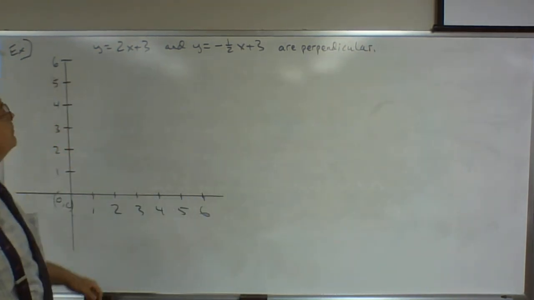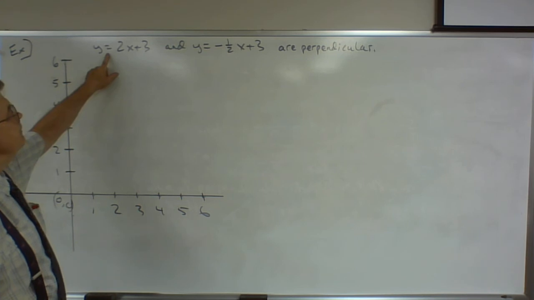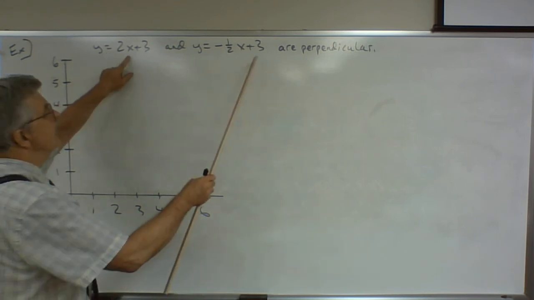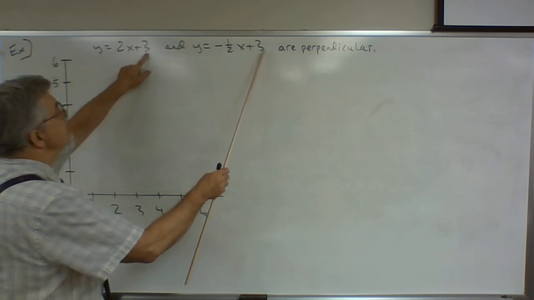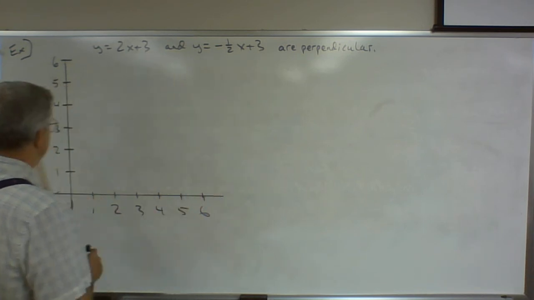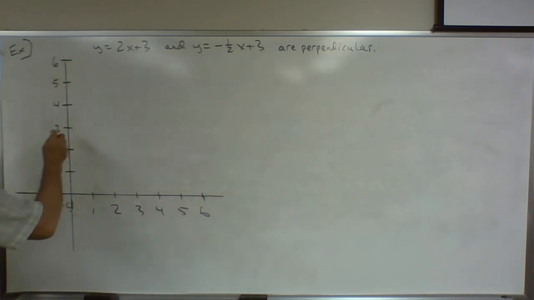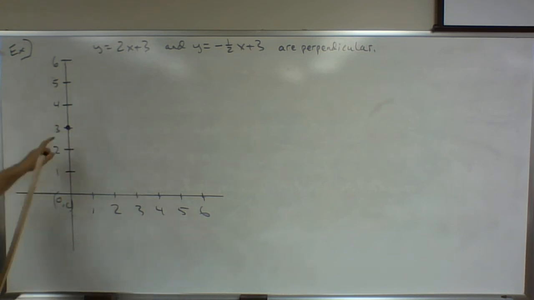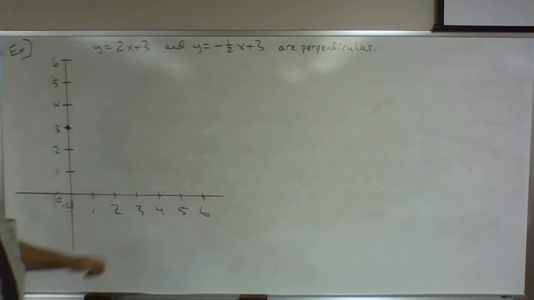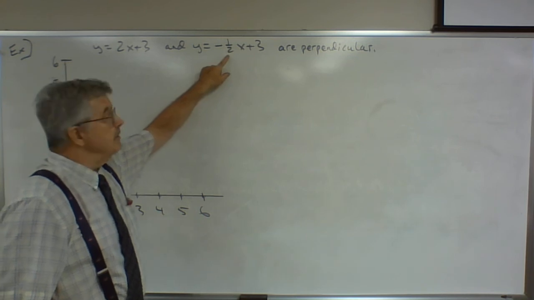Here's an example. Two lines in slope-intercept form, and the y-intercept of each is 3. I made things easy on myself. Here's the y-intercept of both lines. And notice that they're perpendicular.